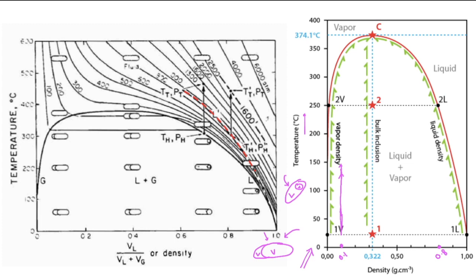I'll explain that, but you have to understand here that the proportion during heating or cooling the inclusion will not remain the same. What will remain the same is the density. Because we are changing temperature, liquid will convert into vapor and vapor will occupy more space. As you are decreasing, the amount of vapor will become less, but the density will remain fixed. The only thing which is constant here is the bulk density. Okay, keep that in mind.